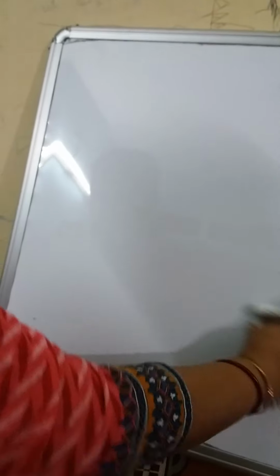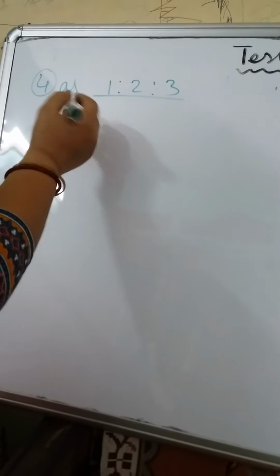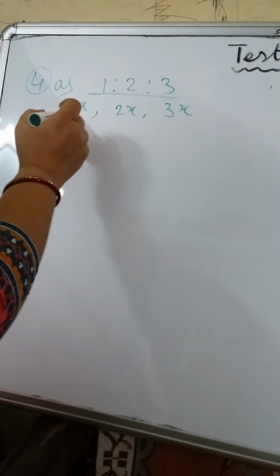First set of questions is A, the measures of the angles of a triangle are in the ratio 1:2:3, find the angles. When there is a ratio, how can we consider? Let's consider the angles as x, 2x and 3x, as it is a triangle.